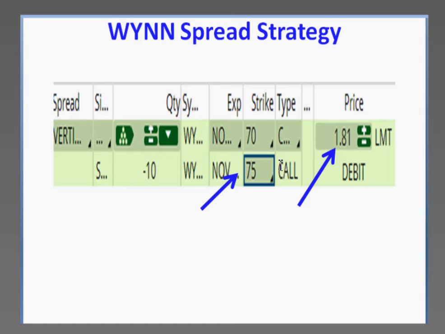What makes the most sense here? That's what these guys do all the time. So where I might be saying buy the 70, they might be saying buy the 72s because that's priced better.